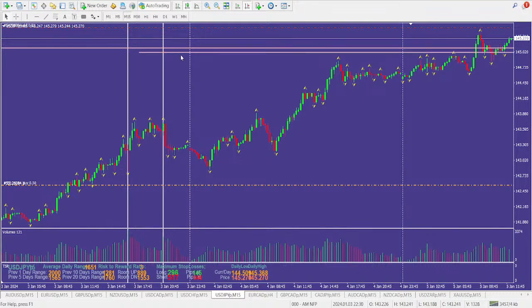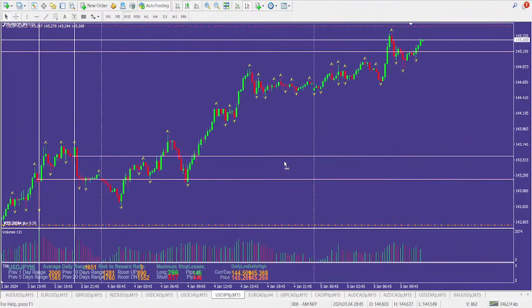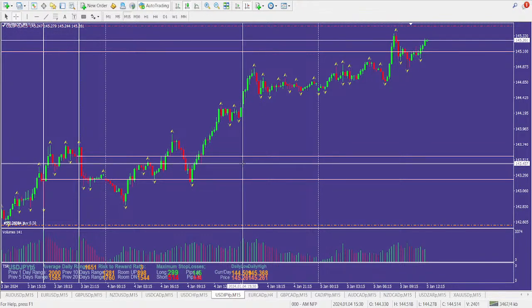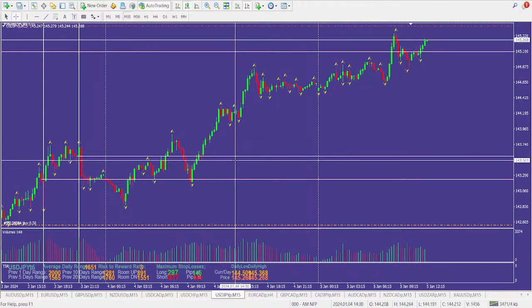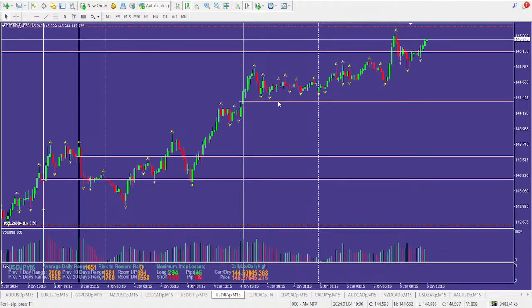Okay, so that will be a level of demand over here and another level of demand over there. Now if we look at potential demand level clues, January the 4th, we've got a high volume spike over here. Yeah, this one over here. So this will be a demand level clue, okay, potential demand level clue.